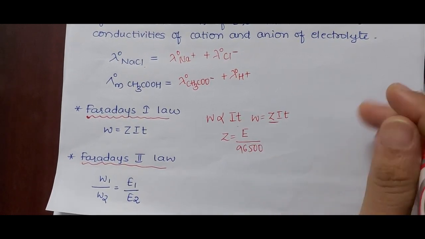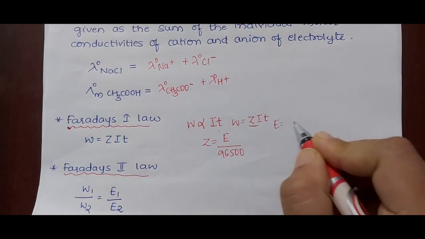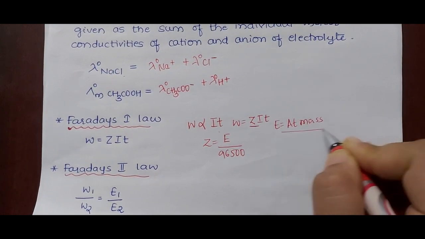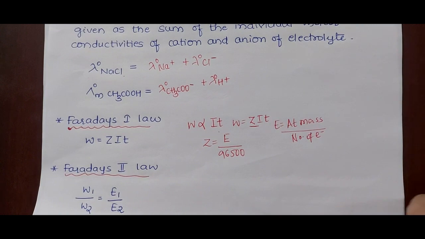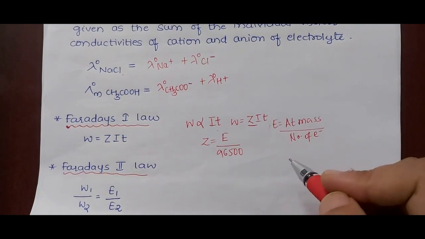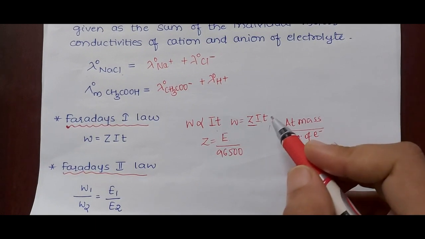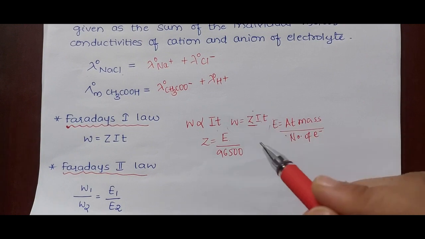E is nothing but equivalent mass, and equivalent mass we can calculate by atomic mass divided by the number of electrons required to reduce the cation, and based on this we get the E value. If you substitute the E value, I value and t here, we can find out the mass of the substance deposited or displaced from an electrode.